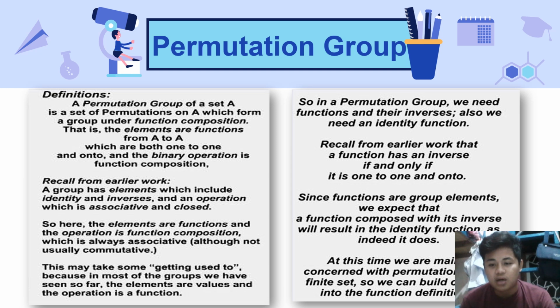Since functions are group elements, we expect that a function composed with its inverse will result in the identity function, as indeed it does. At this time, we are mainly concerned with permutations on a finite set, so we can build closure into the function definition.